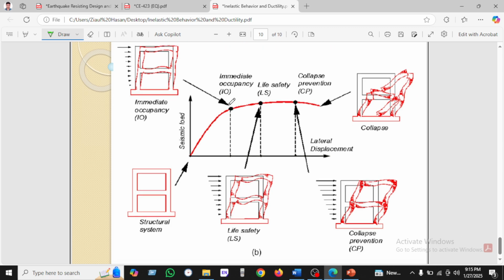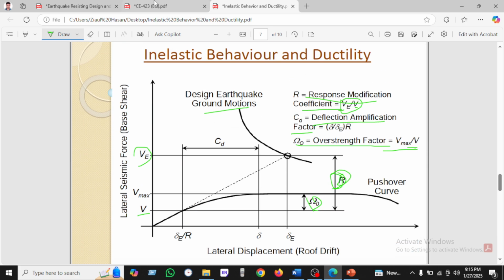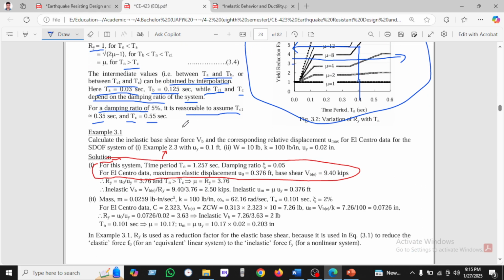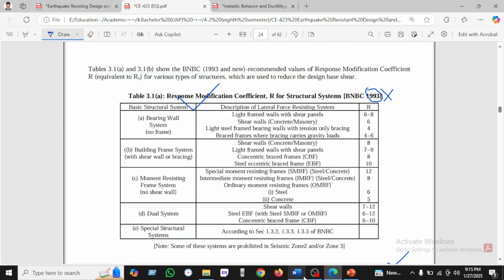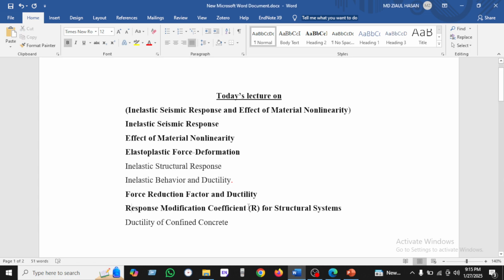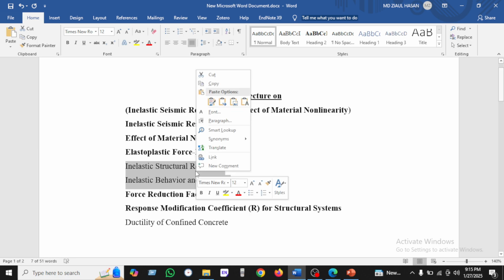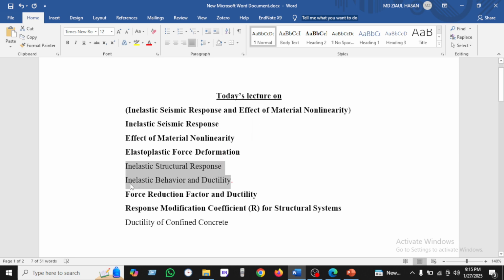Here we can see clearly the immediate occupancy, and the life safety here, and the collapse prevention here, and in this zone we can see the collapse. Okay, so that is completed, and this is also completed, and the elastic behavior of ductility is also completed.